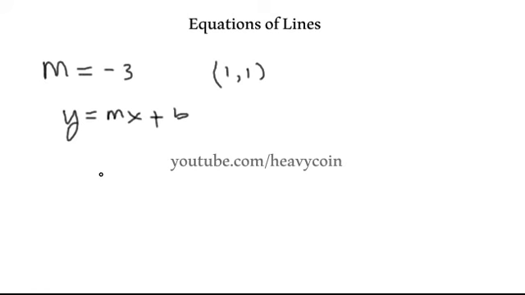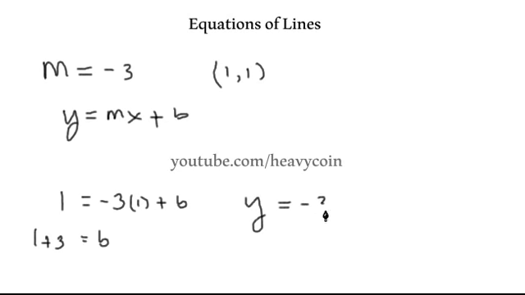We simply take negative 3 and plug it in for m. This is our x, and this is our y. Then we just solve for b. This seems a whole lot easier than what we were doing earlier. This is going to end up being positive 3, so b is equal to 4. So y is equal to negative 3x plus 4.